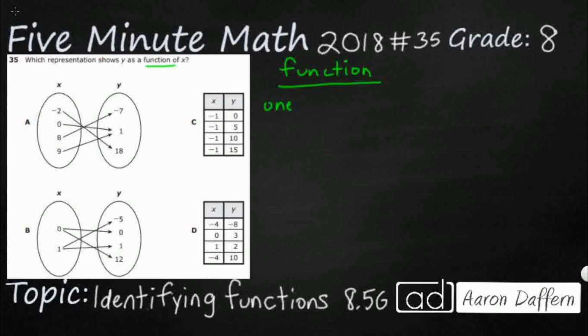So a function is any relationship where one input leads to one output. And so what are our inputs and outputs in math? Well, for our input, it's going to be our independent variable.